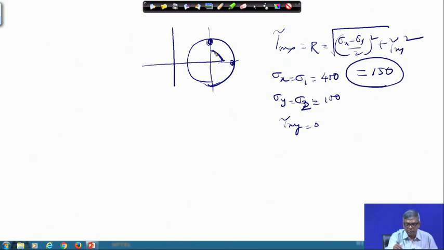So, the angle is 2 theta, and your actual orientation will be 45 degrees from the principal stress direction.